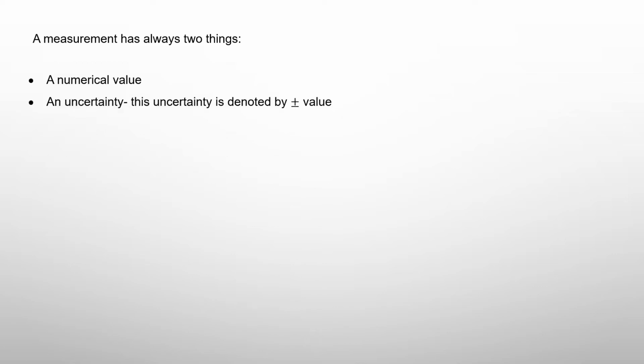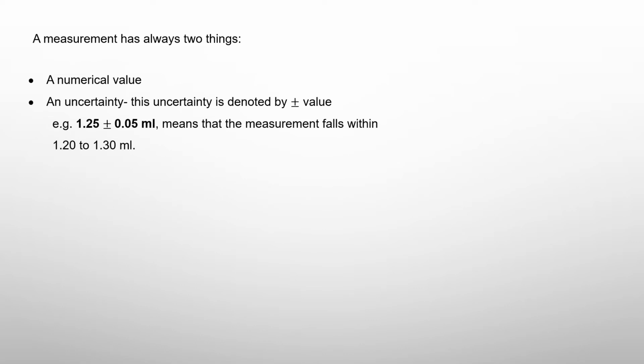For any measurement, there are two things that should accompany it. Number one, it should have a numerical value, which is a magnitude, and it should have an uncertainty. And this uncertainty is denoted by the plus and minus sign. So let's say, for example, there is a measurement which reads as 1.25 milliliters. This basically means that it is not an exact value. It may have some sort of uncertainty.